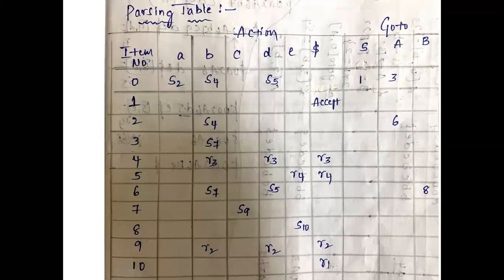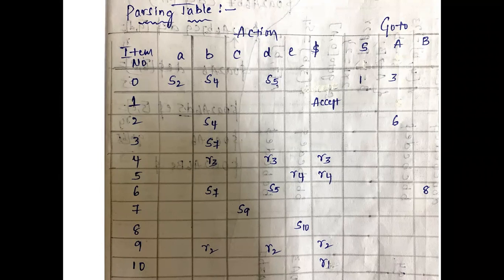So what we are doing here is, in the action column, in the place of I, we are using S. Why? When we are implementing the parsing of the input string, we are using the stack.